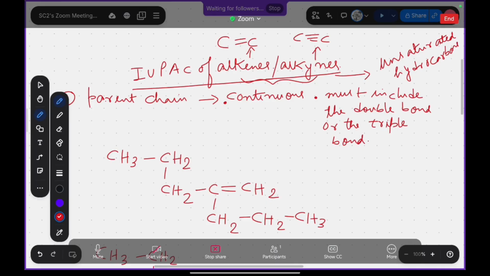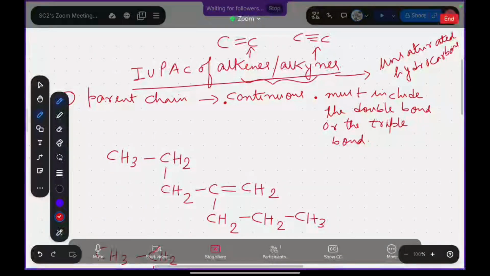I have already taught you this in the previous class, please go through that. Continuous means the carbon atoms should be bonded to each other. Any carbon atom which is not bonded will not be considered continuous.